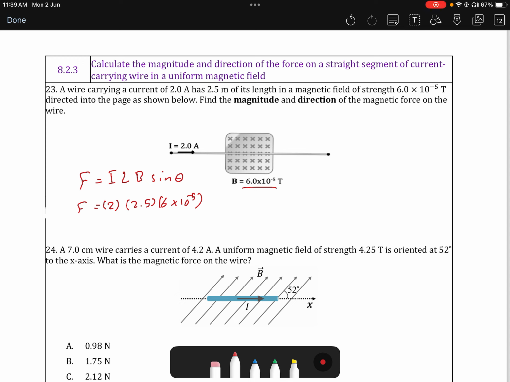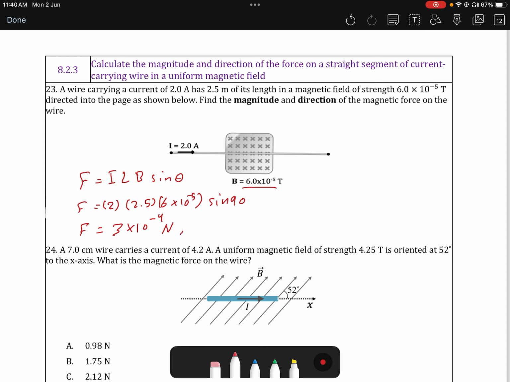As you can see, the magnetic field is into the page, the current is to the right, so the angle between them is 90. Sine 90 is 1. So using the calculator, 2 multiplied by 2.5 multiplied by 6 times 10 power negative 5, the answer will be 3 times 10 power negative 4 Newton.